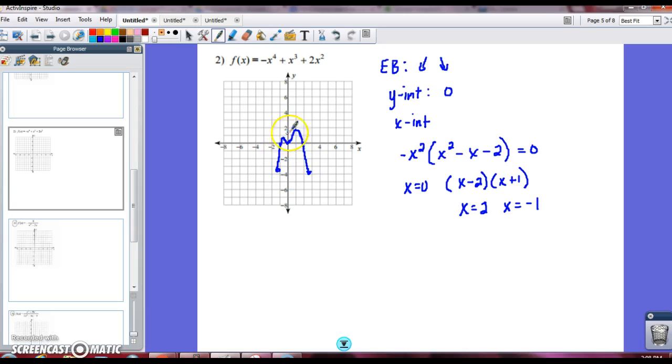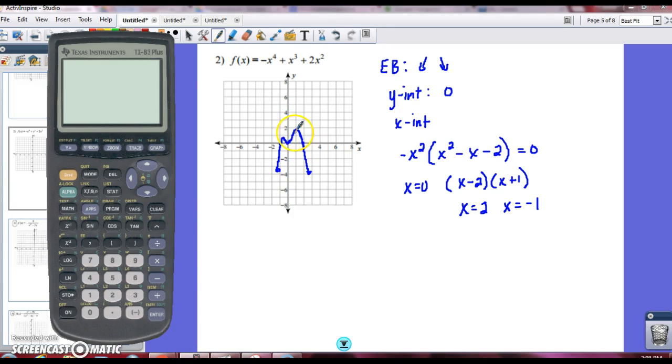Okay, the question is, how high up does it go at this point and at this point? I would go to the calculator and see how high it is at that point. And you can easily do that just by plugging it into the calculator.